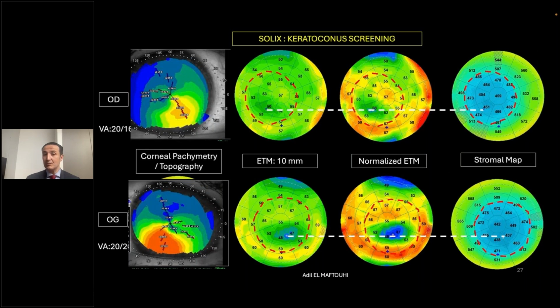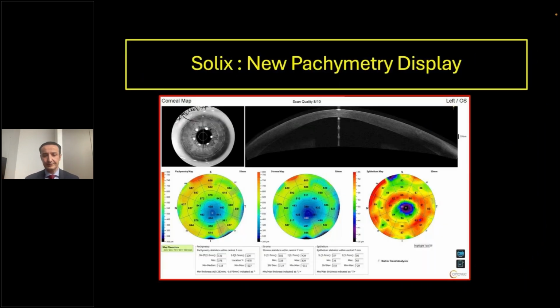And you can make the comparison of the three mappings. And after, you can also make a comparison with the corneal topography embedded in the Solix platform. And this is the new display available on the new software from the Solix.